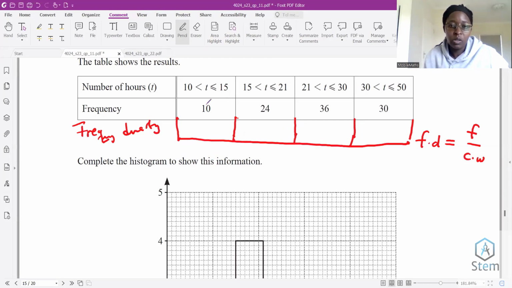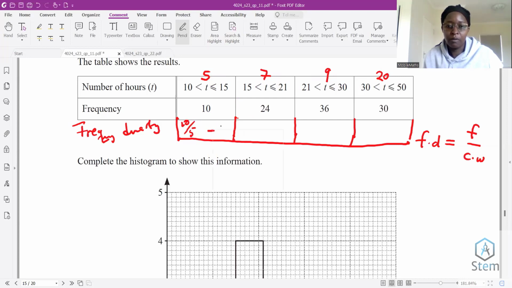So this class width is 5. This one is 21 minus 15, that's a 7 here. 30 minus 21, that's a 9. 50 minus 30, that's a 20. So 10 divided by 5, we get a 2.